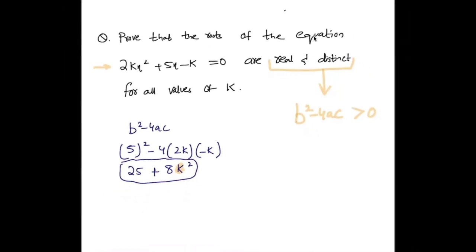So as a conclusion, you are going to say that 25 plus 8k square is always positive for all values of k.